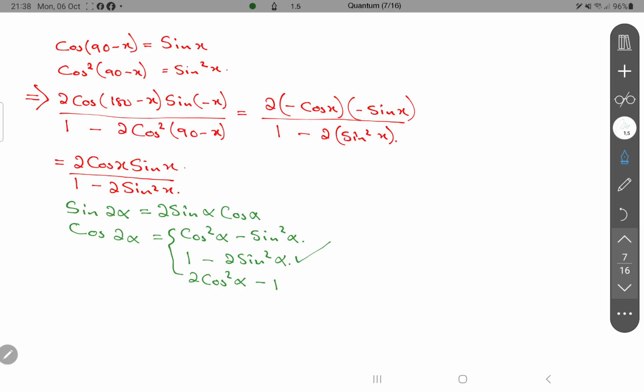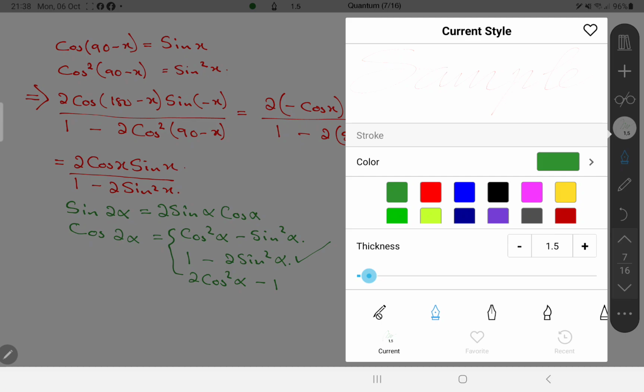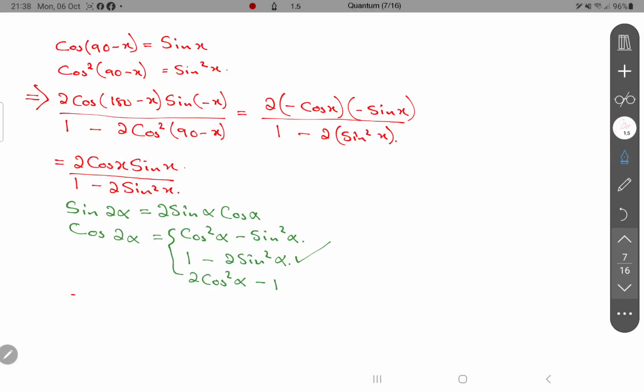So this is the one that is involved. Basically, we are going to end up having, on top, sine 2x, and at the bottom, cos 2x. So this will automatically be tan 2x.